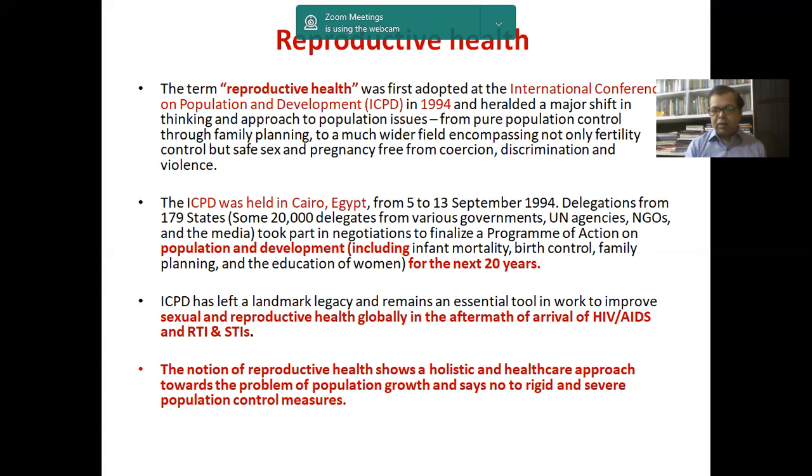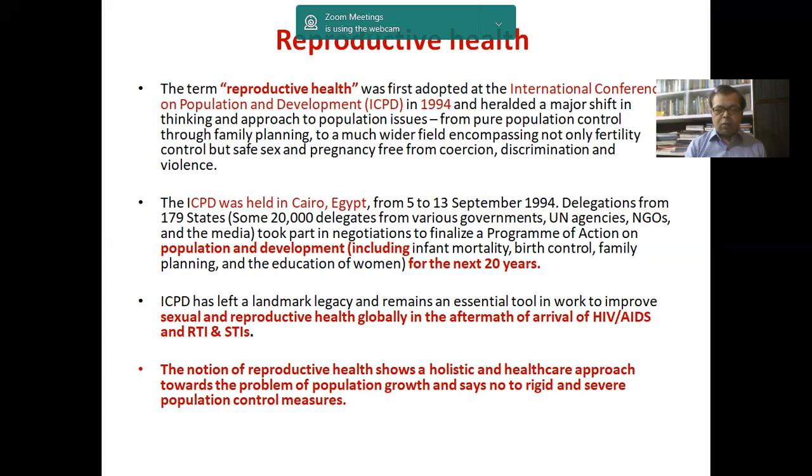So as the world is witnessing COVID-19 today, in the late 80s and early 90s, the world was witnessing the problem of AIDS, and it is primarily because of the problem of AIDS and HIV that sexual health became very important at that point of time.